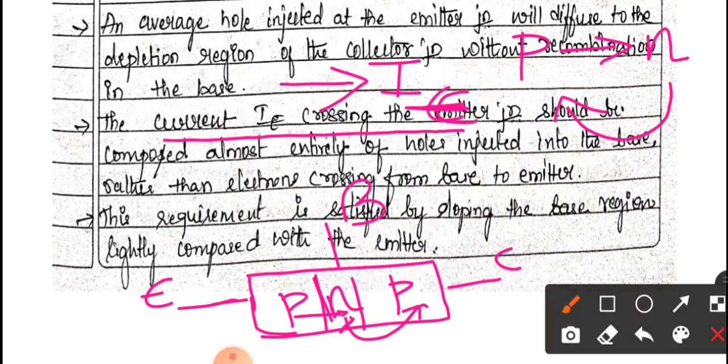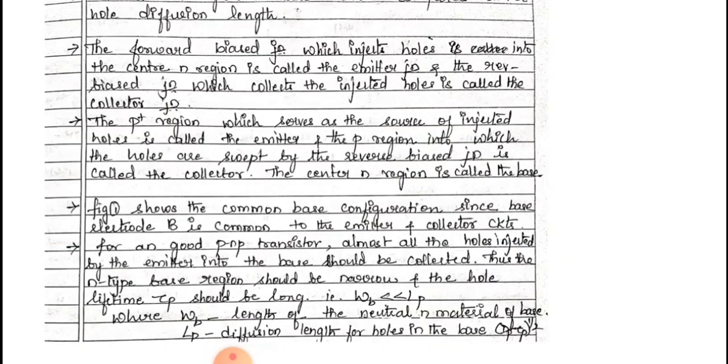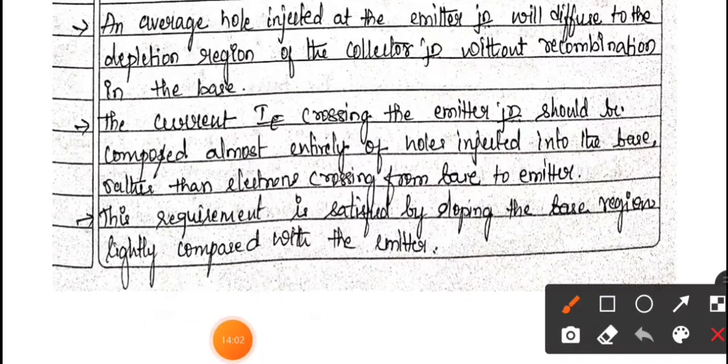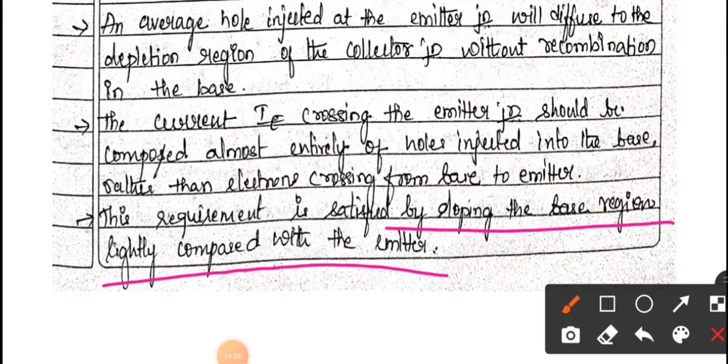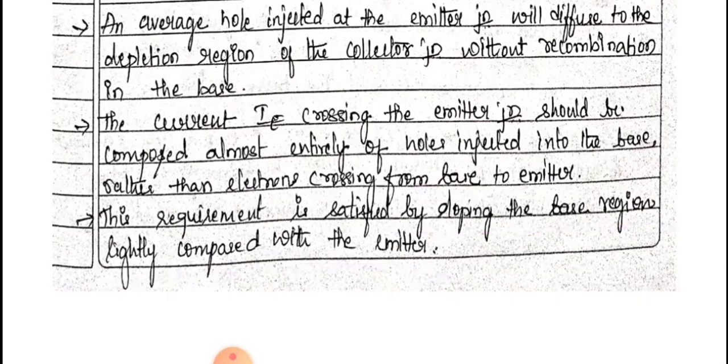For that, the doping concentration at the emitter should be very high and at the base should be low. This requirement is satisfied by doping the base region lightly compared with the emitter. So the emitter is heavily doped compared with the base, hole concentration will be more and electron concentration will be less, and the emitter current will be mostly comprised of hole movement rather than electron movement from N to P.